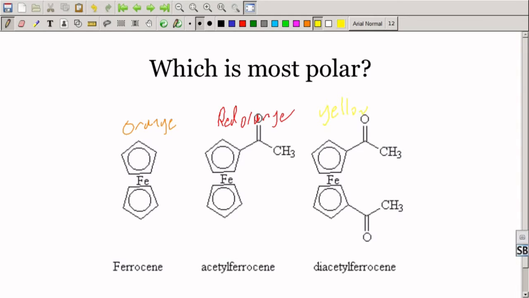If we're going to do normal phase chromatography on this crude reaction mixture, which of these 3 compounds is going to be the most polar? Yeah. Why is that the most polar? Simple reasons.